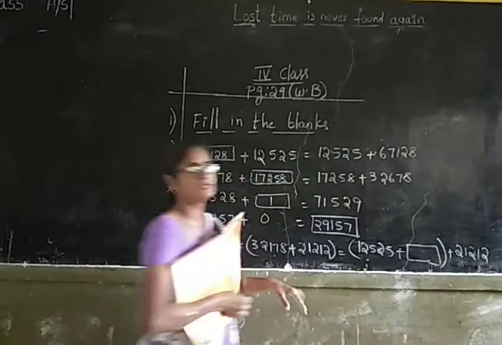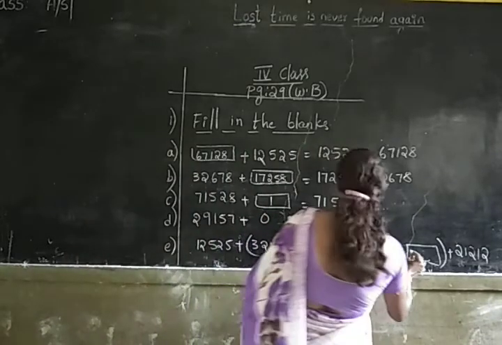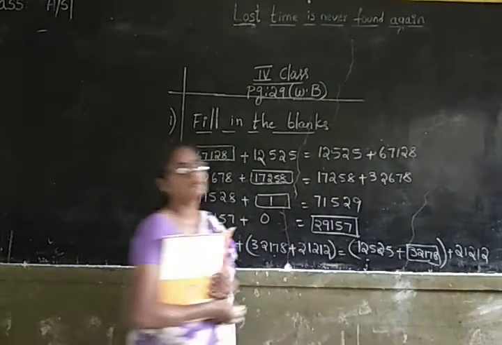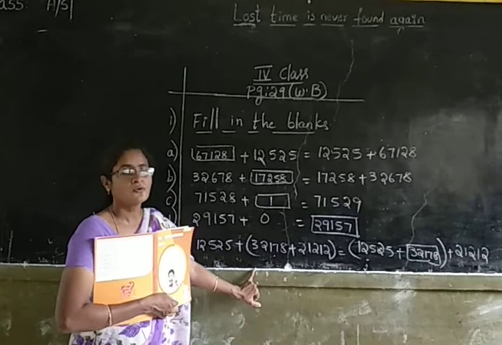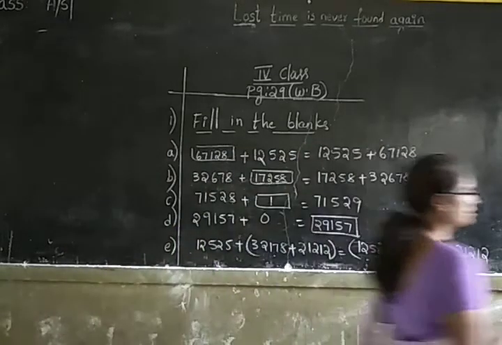So according to the associative property of addition, here we get 32,178. So according to the associative property of addition, grouping of addends does not change the sum. Okay children, did you understand?